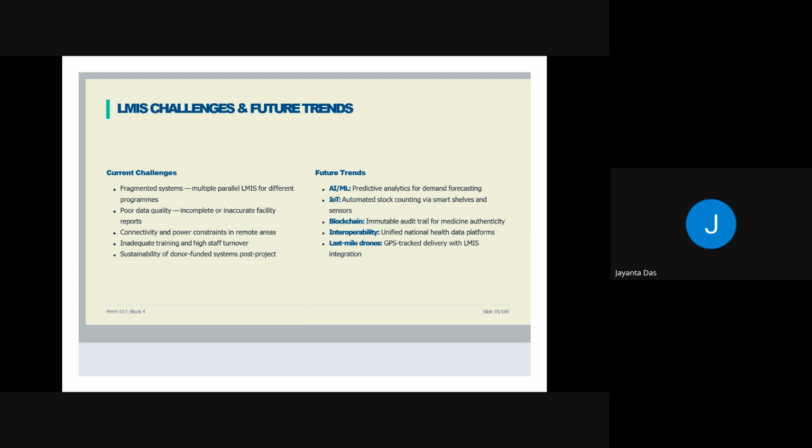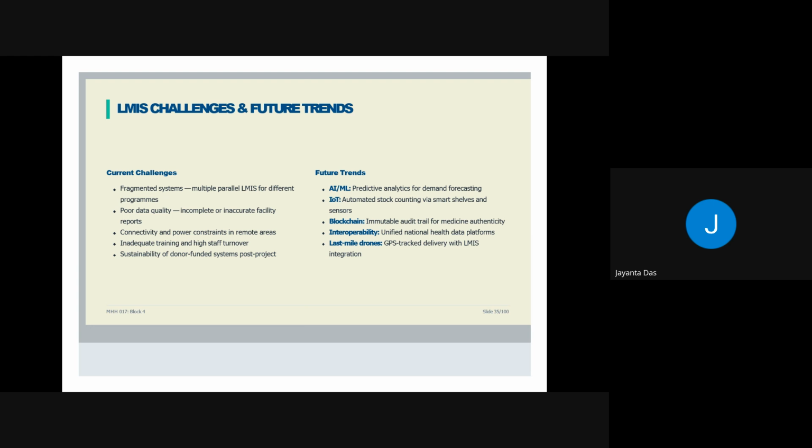Many of these things were started with funding from donor agencies, USAID, Bill and Melinda Gates, CDC, and many others.